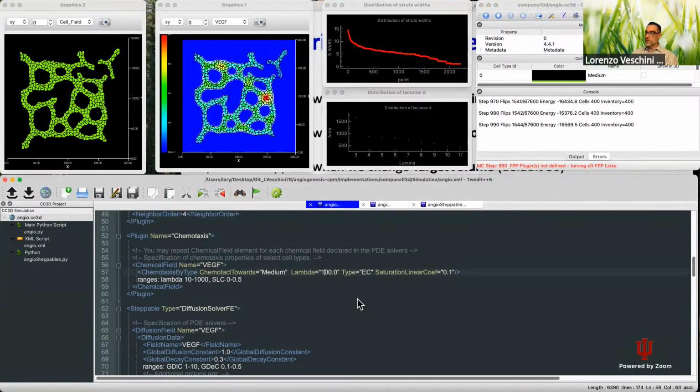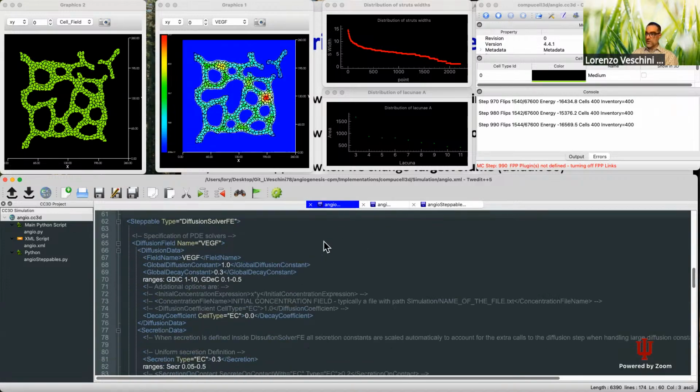Let's set the diffusion coefficient to 0, as suggested.